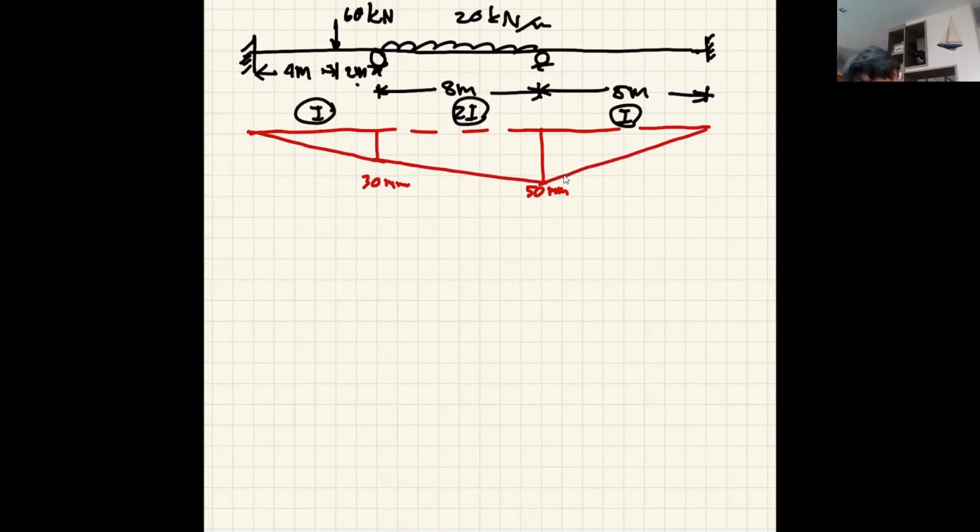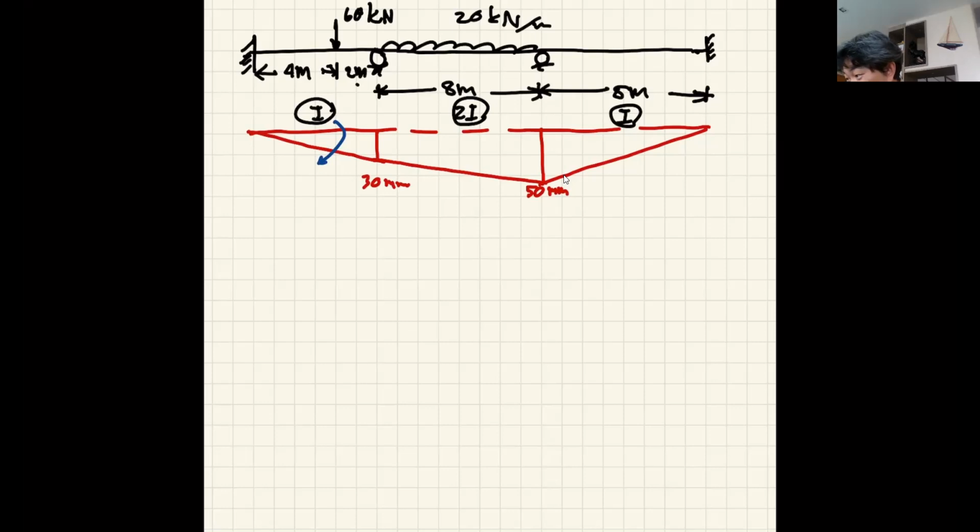All right, so again, what you should notice is that you will have the moment due to settlement. And notice that this guy is rotating clockwise with that member.